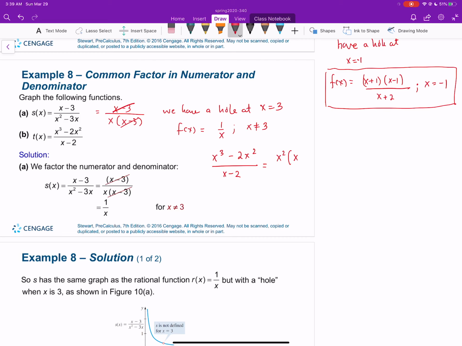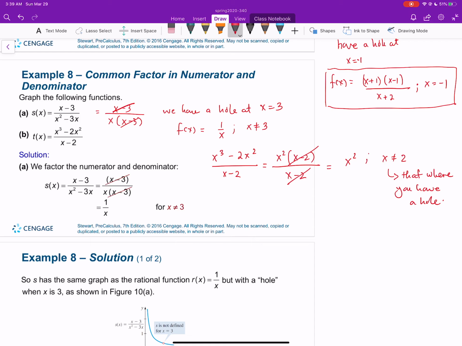You get x minus 2, and then you get x minus 2. So you have a common factor that cancels out. We end up with just x squared, where x cannot be what? 2. That's where you have a hole.